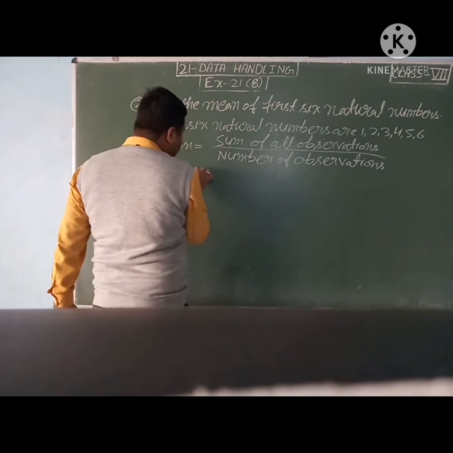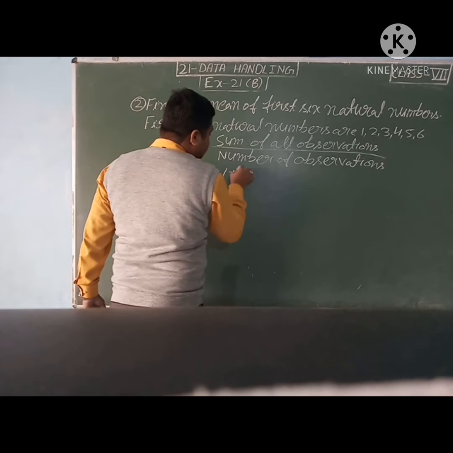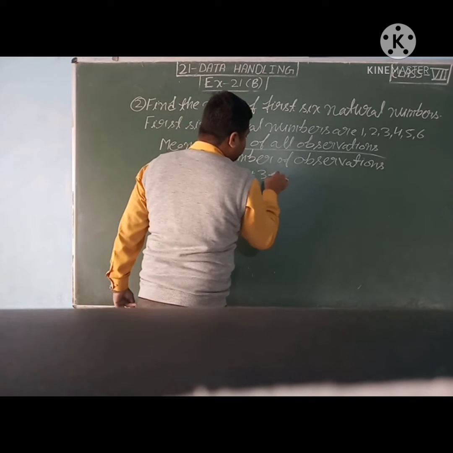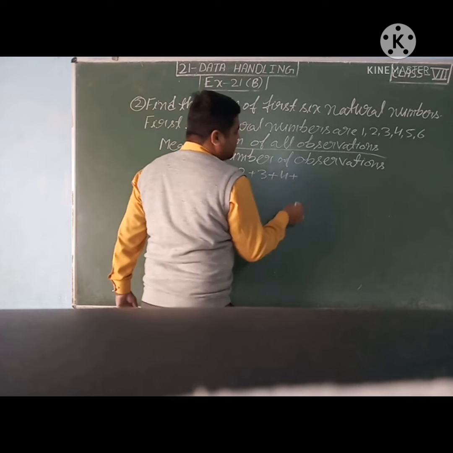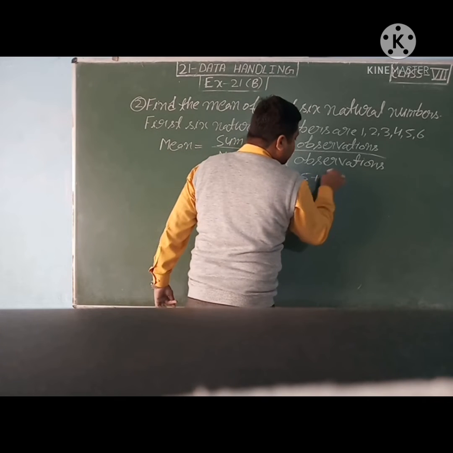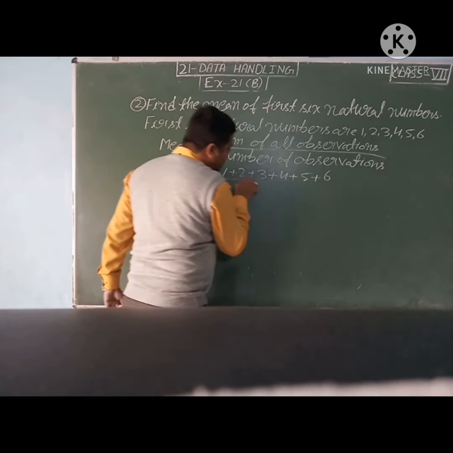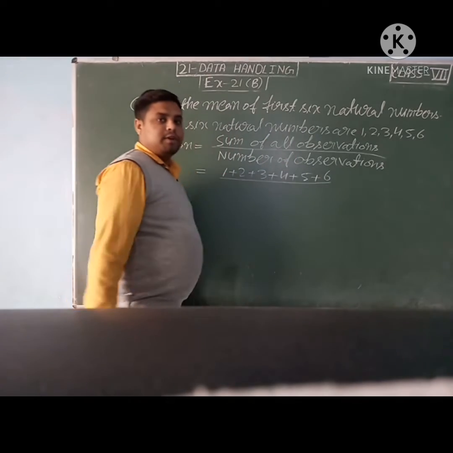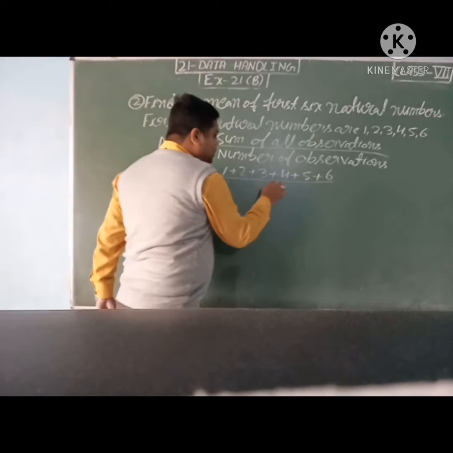So the sum of observations means 1 plus 2 plus 3 plus 4 plus 5 plus 6 upon how many numbers? Yes, 6 numbers. So upon 6.